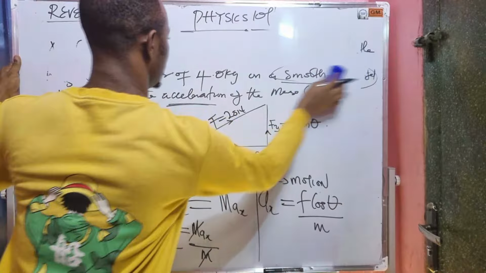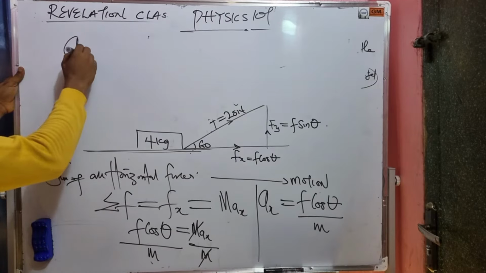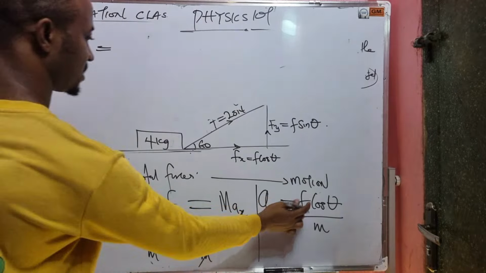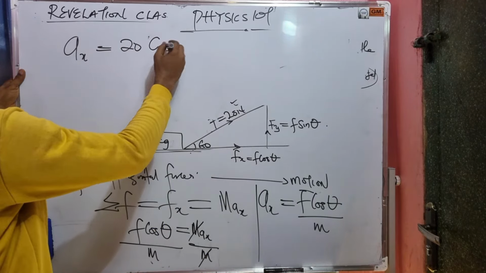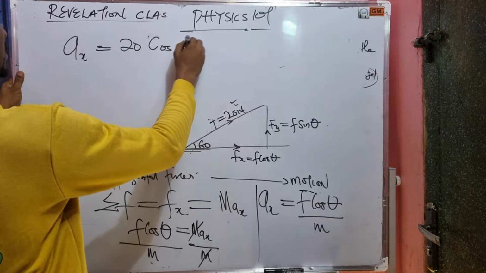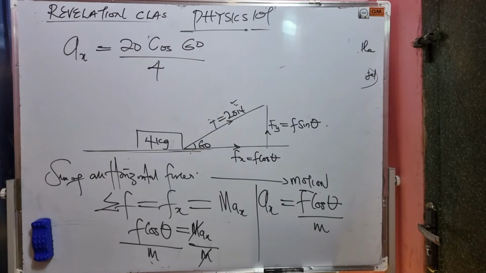So let's solve. To find the acceleration of the body, we have acceleration equals our force. The resultant force given is 20, so we have 20 cos, the angle of inclination is 60, divided by the mass of the body, which is 4. Let's see, cos 60 is about 0.5.